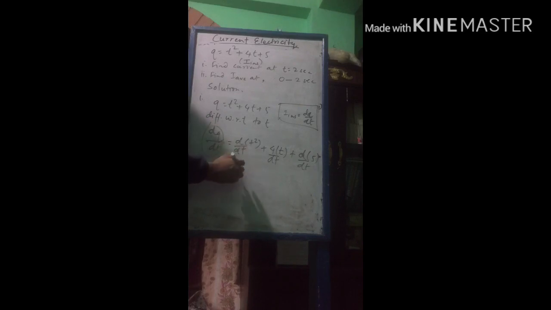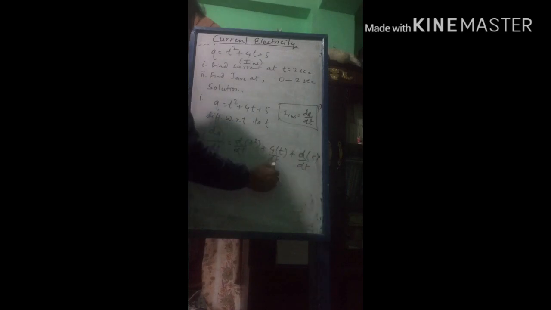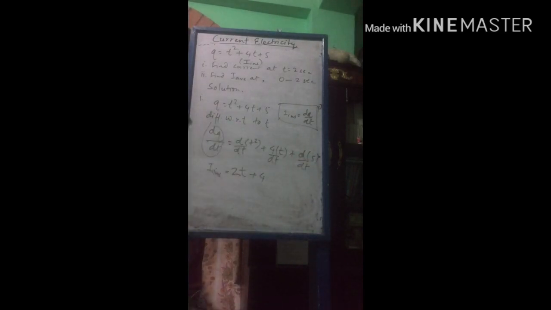You know the differentiation rule: the power comes in front, so 2 t to the power 2 minus 1, that is 2t, plus here it will be 4 only, and the differentiation of a constant is 0, no need to write it. So this is the instantaneous current.